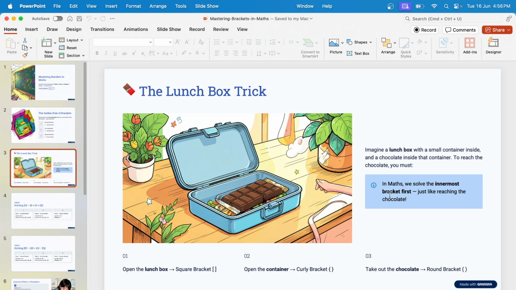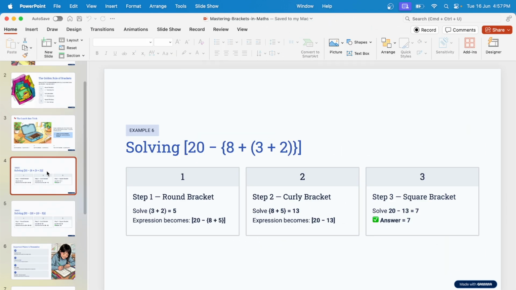It means no need to open the lunch box, no need to open the container separately; we directly open the container in which we have the chocolate. Clear?